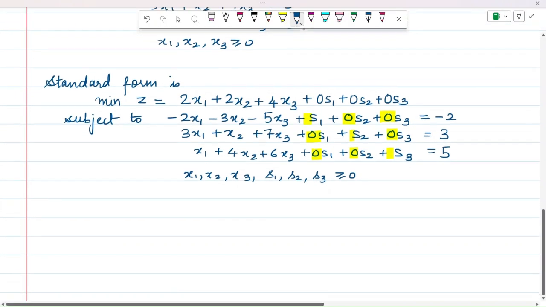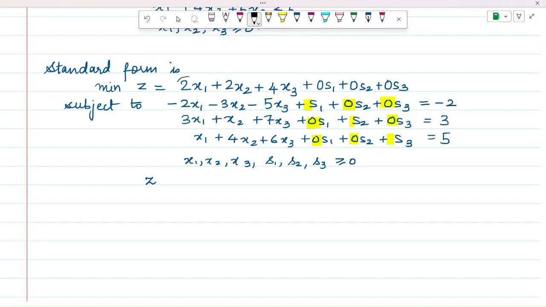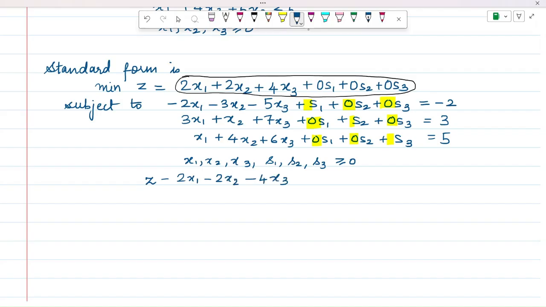Once you have achieved till here, the only thing which you need to change now is you need to get all the coefficients in the z row to the left hand side and make it equal to 0. So z minus 2x1 minus 2x2 minus 4x3, if it is positive or negative, no difference. So I'll keep it positive. And this is equal to 0.